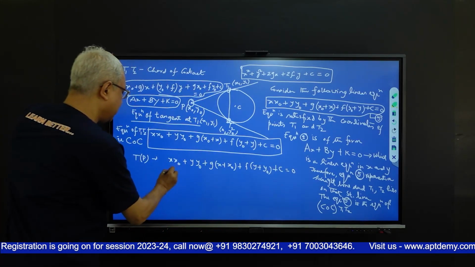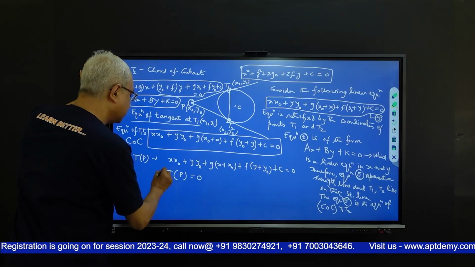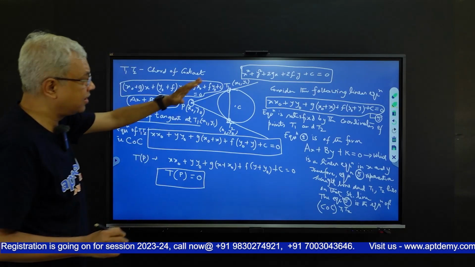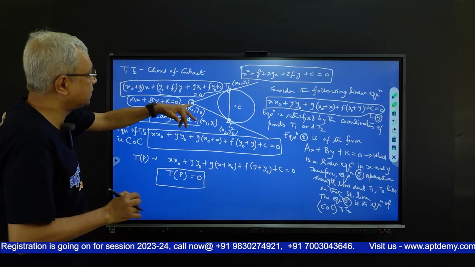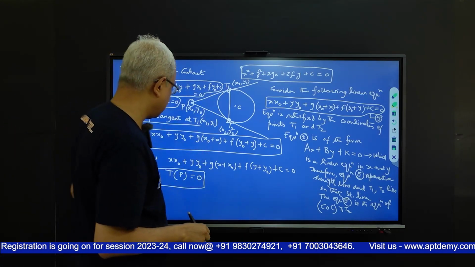So the equation of the COC looks like this, T_P equal to 0. We write the equation of the tangent to the circle, assuming that the external point x0, y0 is lying on the circle.